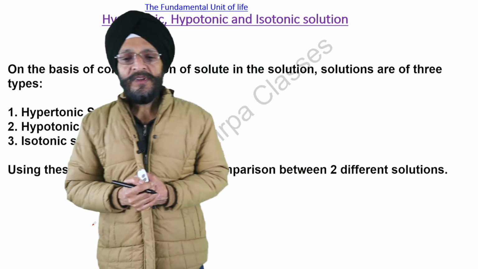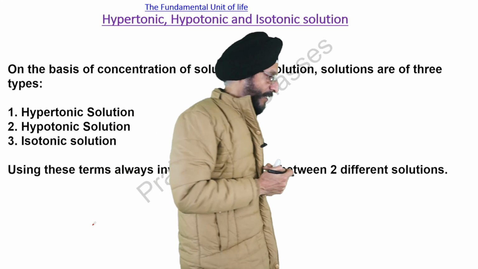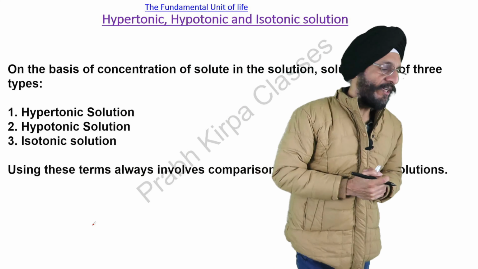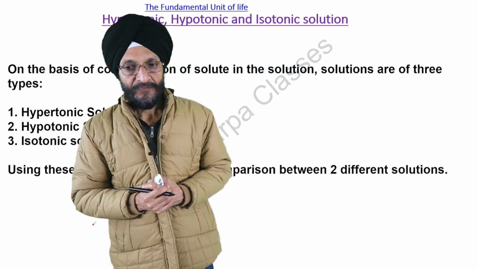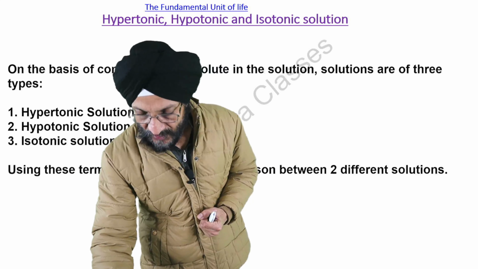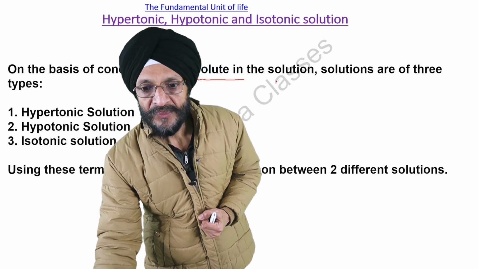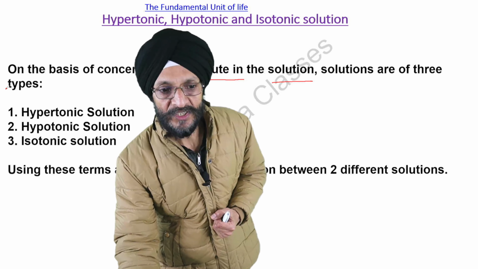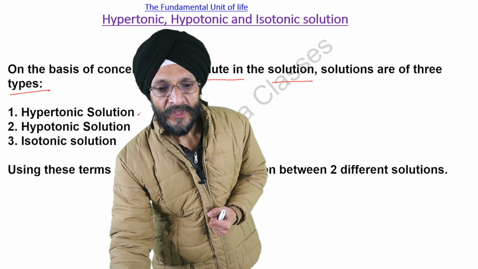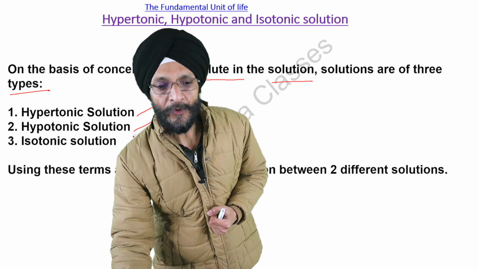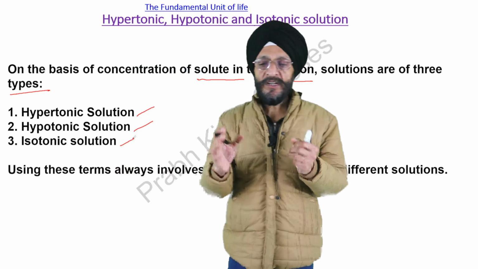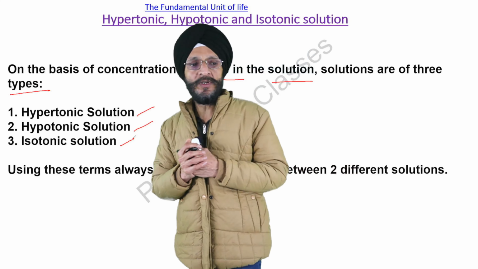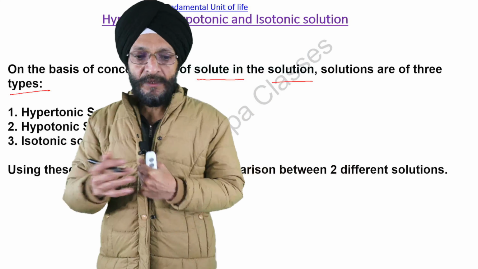Now we will understand the difference between hypertonic, hypotonic and isotonic solution on the basis of concentration of solute in the solution. Solutions are of three types: hypertonic solution, hypotonic solution and isotonic solution. We will understand the meaning of solute and solvent in the coming slide.